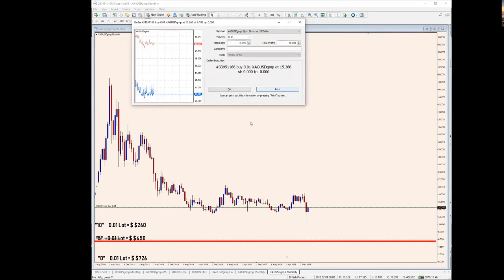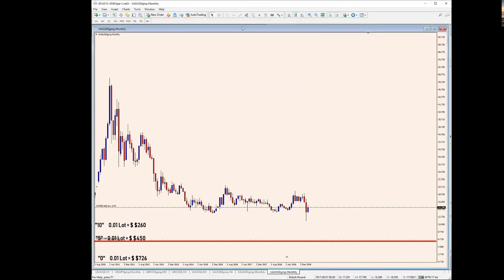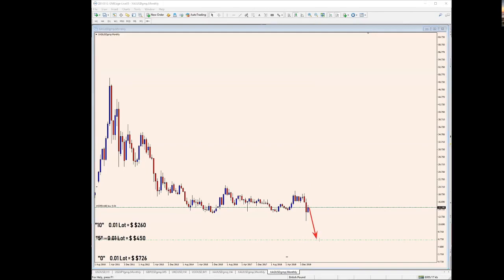So if the market drops to $5, all my positions will be hedged. And if it still drops further down, you can just stay calm. When the price reverses up, you can release all the sell orders you took over here and leave the trade running and go higher.